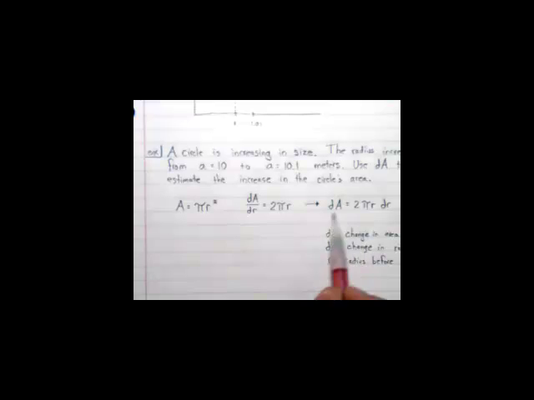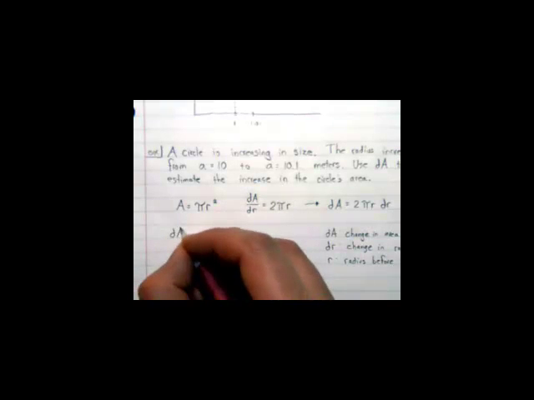This equation will help us estimate the change in the area if I know the change in the radius and the radius's value before things started to change, which I can do because I have all that information up here, right? So I can plug that in.